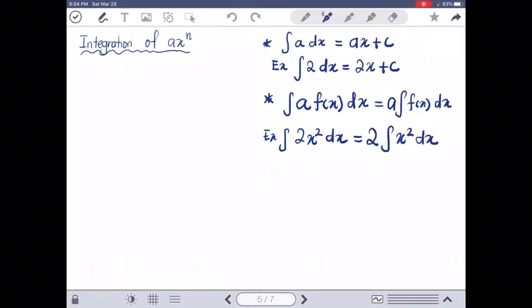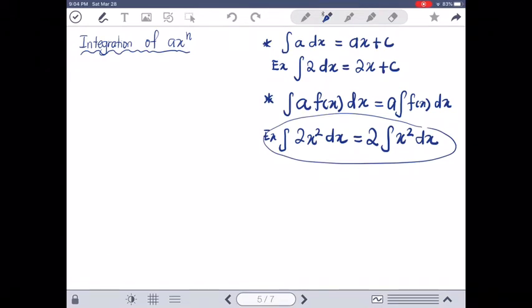We are going to have a look at how to integrate this type of function, but you need to remember that a constant we can bring outside, and also integration of a constant will result in ax plus c.